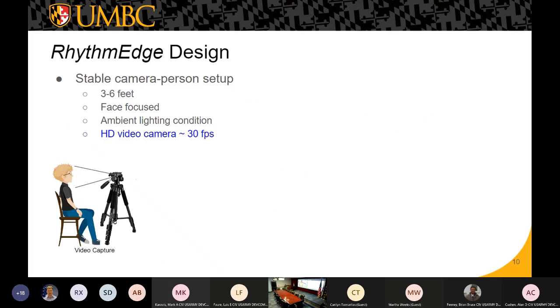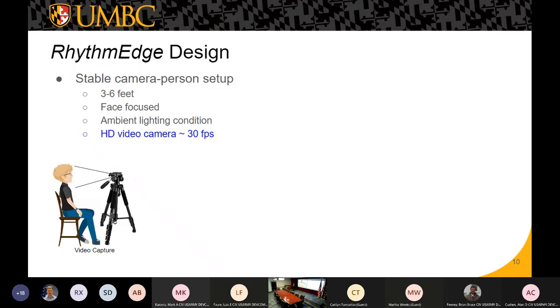So here is how our RPPG system works. Firstly, it requires a stable person. That means the person needs to sit in front of an HD camera. HD cameras are very regular, even on our mobiles and most laptops. A webcam is kind of HD supported. The camera needs to be face focused, and the person only needs to sit in front of it for about 30 to 40 seconds in a stable position, like the way we are sitting right now.